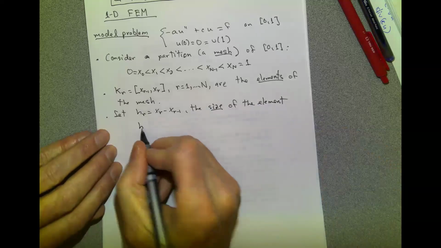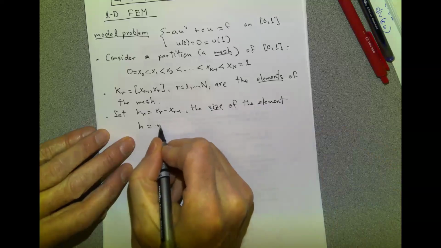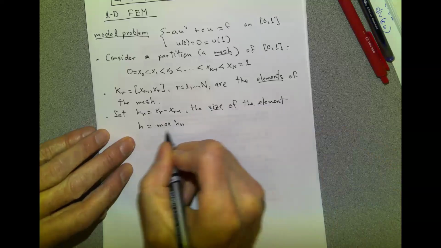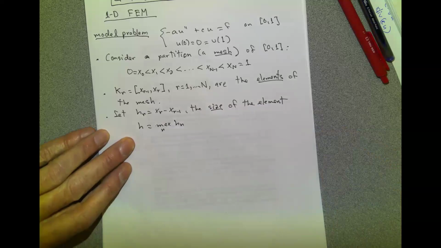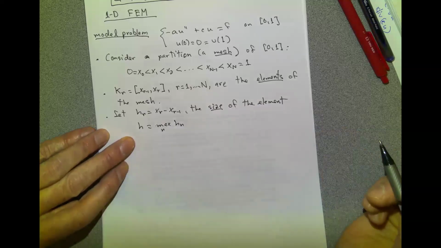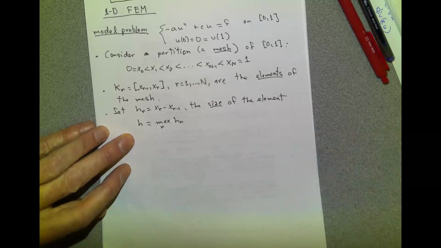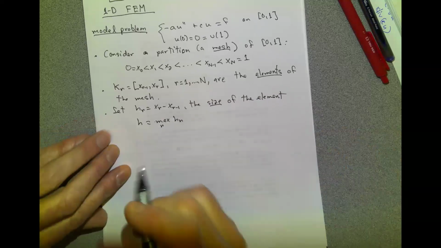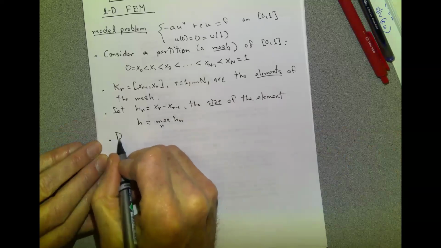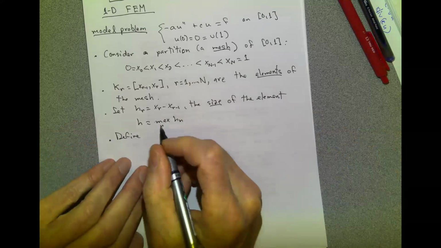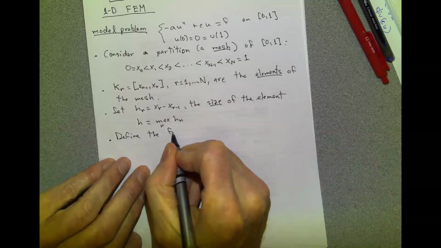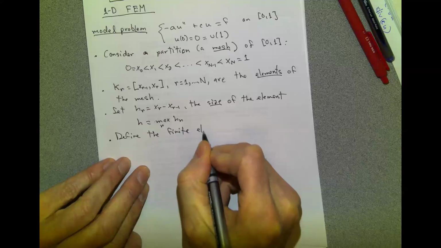And then I want to have the maximal size, which is going to be the max of h_r, where r is going from 1 to N. So that's the maximal size, and that's going to be defining the accuracy of the method. Now we're ready to define the finite dimensional space. So define the finite element space as that.